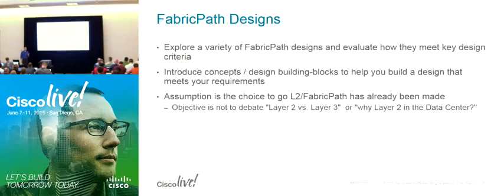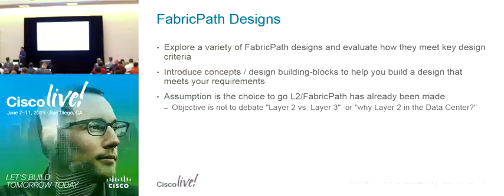Primarily, there are three designs that we will talk about, and this section is here to help you explore what you can use in terms of design building blocks and how you can use the technology. So that's back to your question about multi-topologies, right? How can you put all of what we talked about to use with the specific designs? Not only that, how can these designs meet your requirements for building a layer 2 fabric?